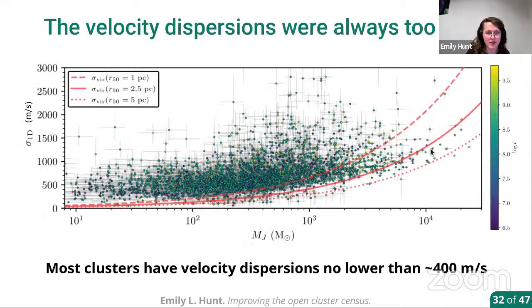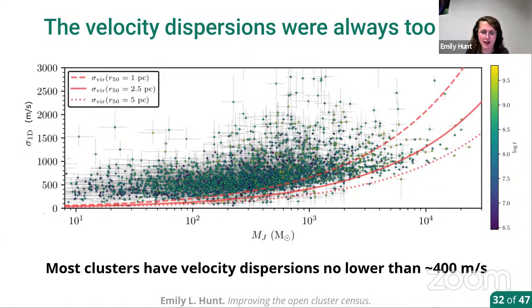There's actually a pattern in the velocity dispersions that I found: they always seem to be too high. Below the masses of, say, the highest mass clusters, pretty much all clusters have a velocity dispersion measured with my method of about 400 meters per second. The solid red line here is the velocity dispersion you would expect a virialized cluster to have, given the typical radius of clusters in the sample.